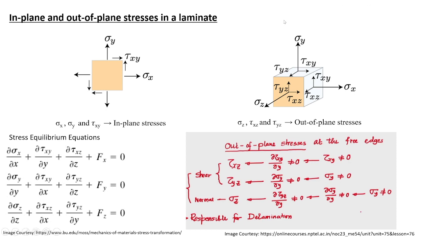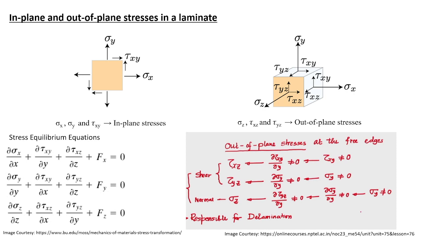Now, to find the values of the out-of-plane stresses, we first consider the stress equilibrium equations, and from the stress equilibrium equations, assuming the stress is independent of x, we get the out-of-plane stresses at the free edges, which is the stress boundary condition of a lamina.